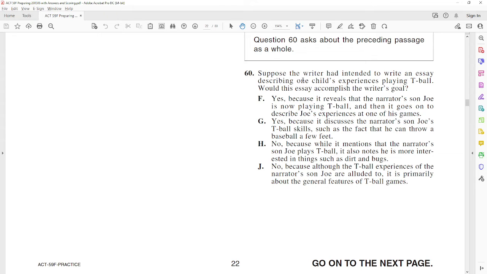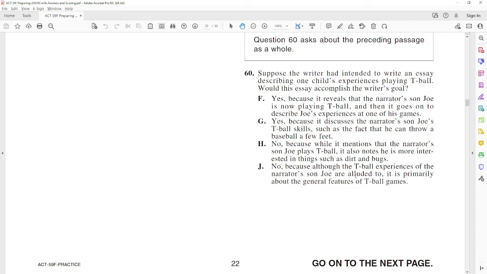"No, because while it mentions that the narrator's son Joe plays t-ball, it also notes he is more interested in things such as dirt and bugs." Well, no, because the dirt and bugs were set in the context of t-ball. He's playing t-ball and little kids like to look at dirt and bugs. But again, the passage isn't even about one child's experiences playing t-ball. It may mention his son, but certainly the whole passage isn't about the son.